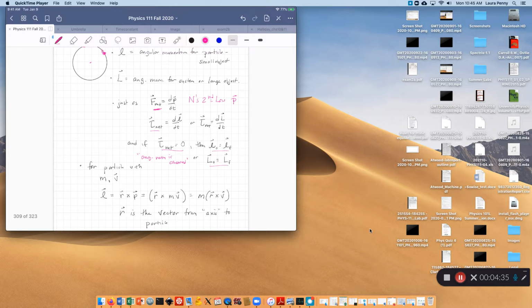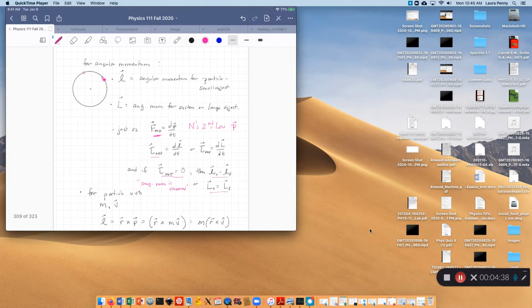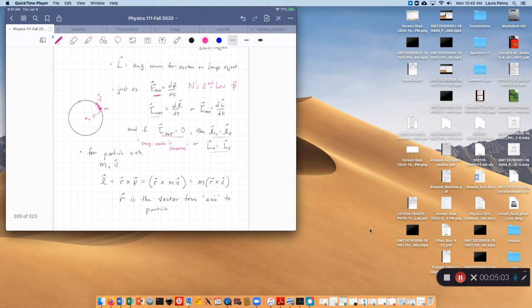If you have a particle with some mass m and some velocity v, moving around some central location, at some r from that location, then it has some angular momentum, which is going to be r cross the momentum.